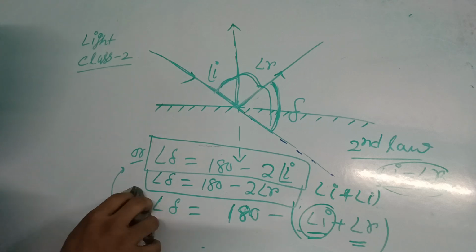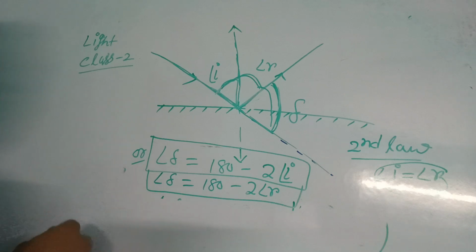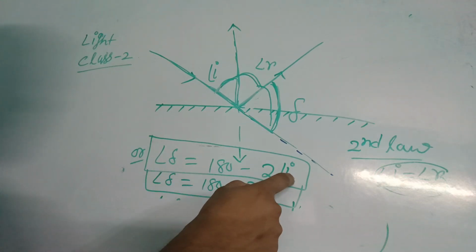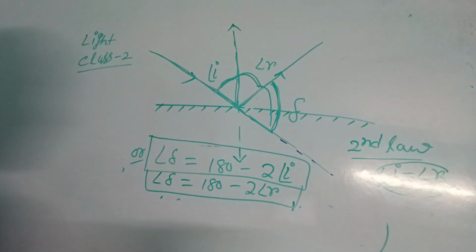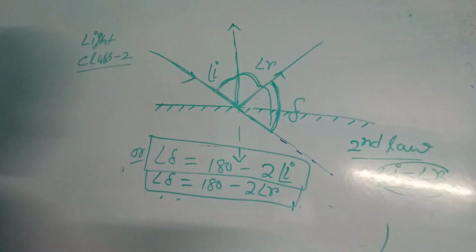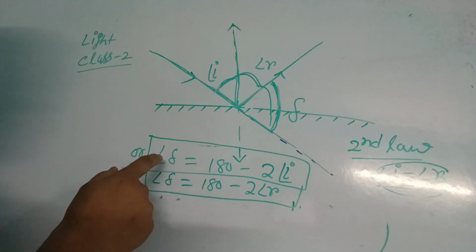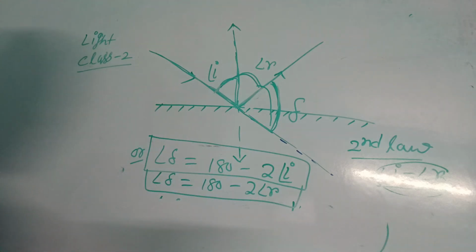Now, when I is angle of incidence or angle of reflection is known, then we can find the value of delta. But how can we write the I or R in terms of delta?